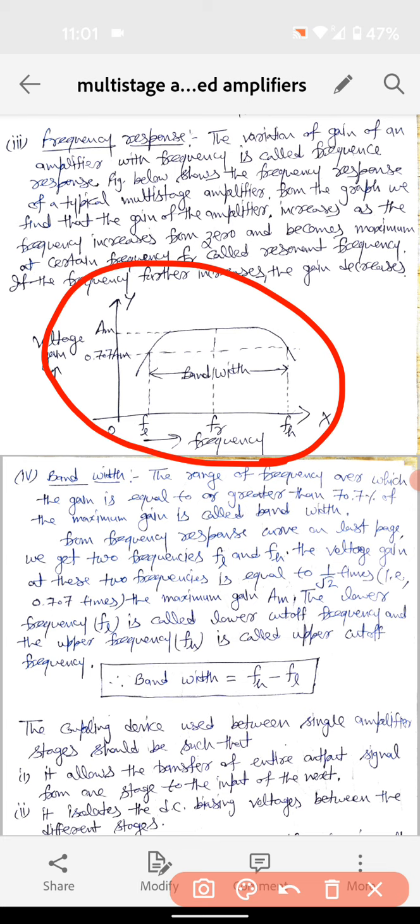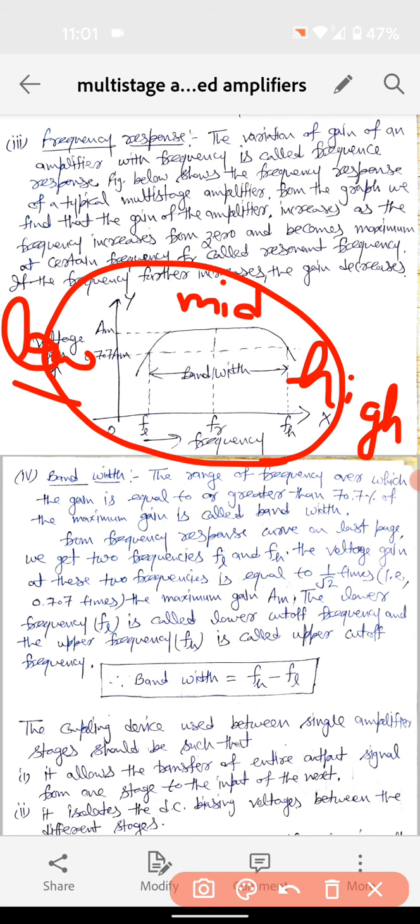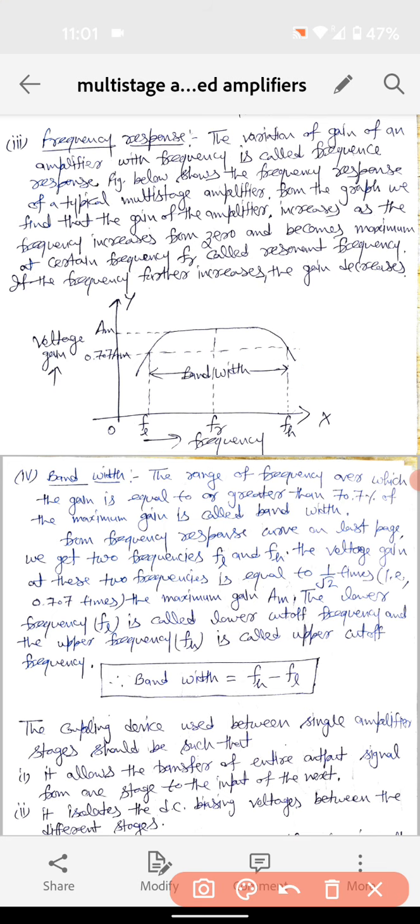These are the mid-range frequencies, these are low, and these are high frequencies. So what we have observed: in the mid frequency range, the gain will be constant, and for the low and the high frequencies, gain starts decreasing. Why it is so, we will discuss in the next few minutes.